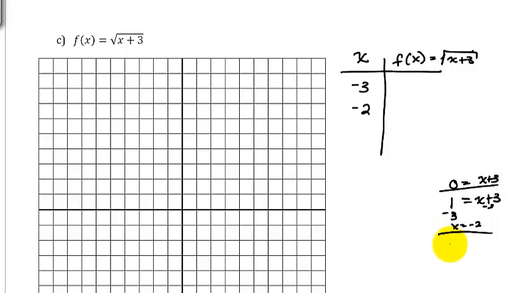And the next number that we want to take the square root of is 4. And so we want x plus 3 to be equal to 4. And so we would subtract 3 on both sides here, and that would give us x equals 1.